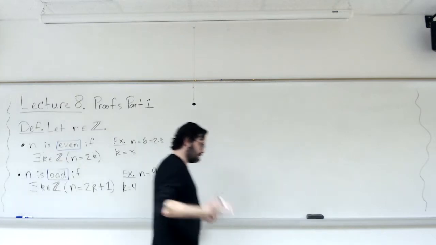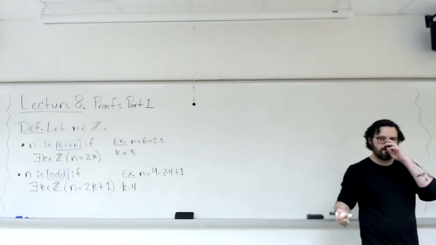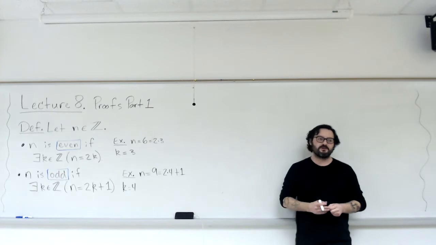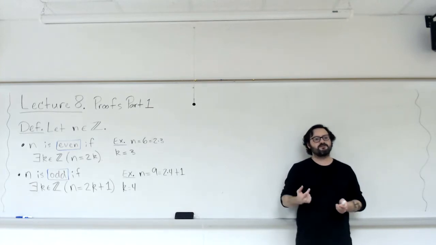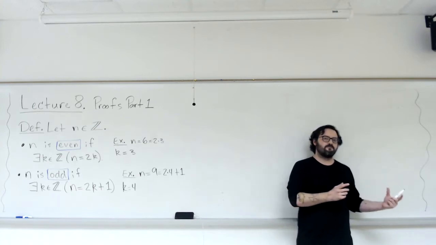So now that we have these definitions, I can pose to you what I'm going to call a conjecture. A conjecture is a mathematical statement that we do not know the truth value of.